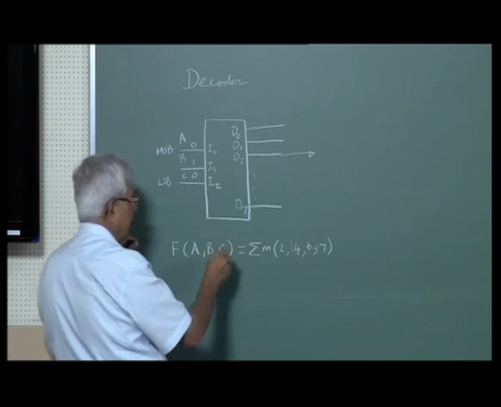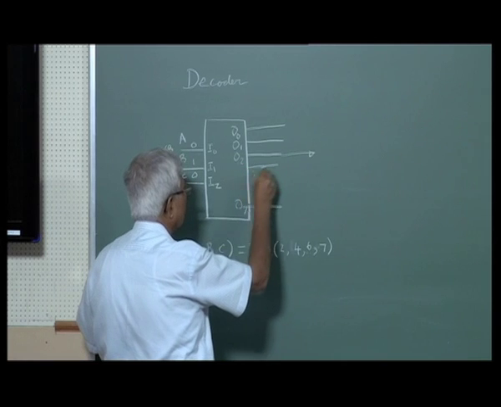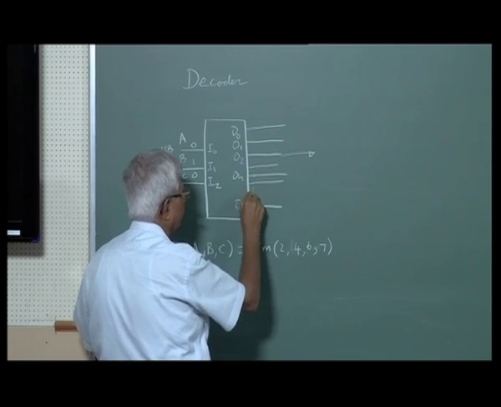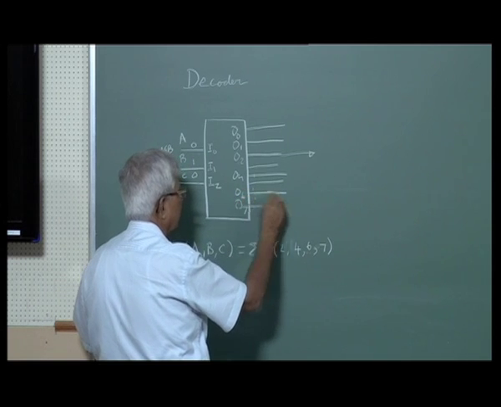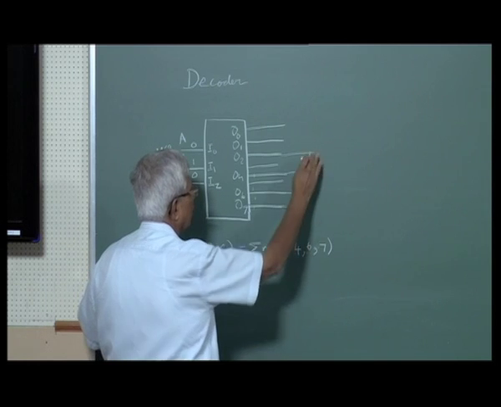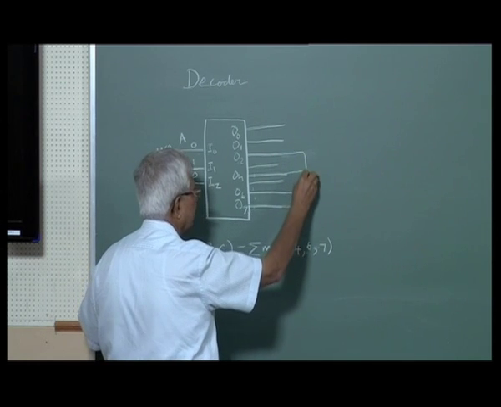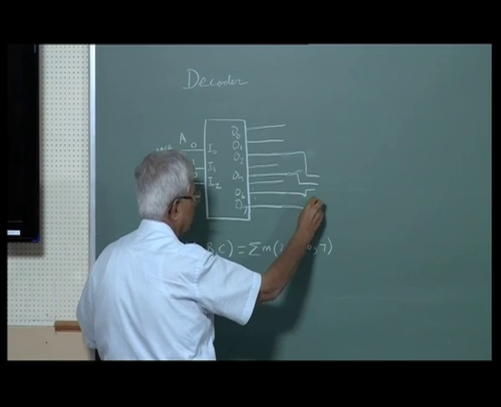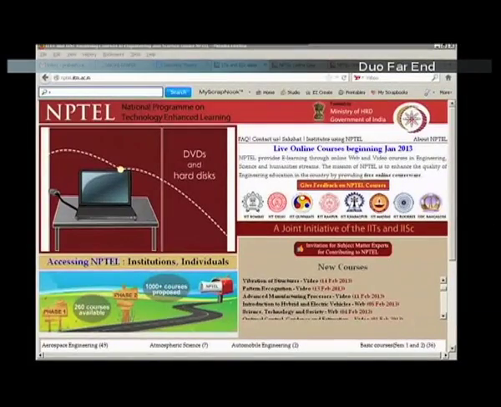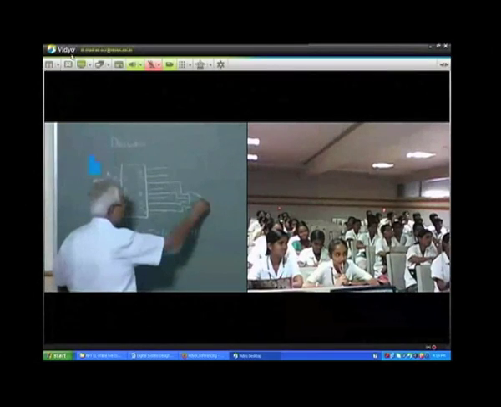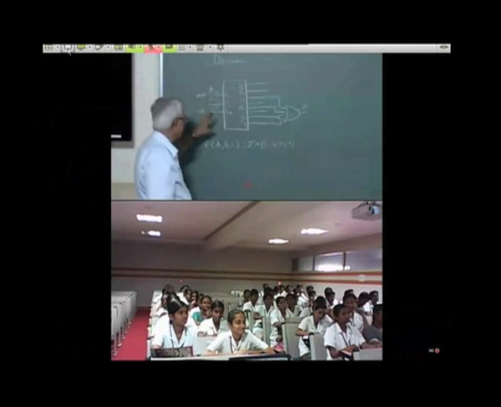So, if I have these outputs 2, 4, 6, 7, give them all into an OR gate, this is my output F, that is the logic function I want to implement, consisting of 4 terms.